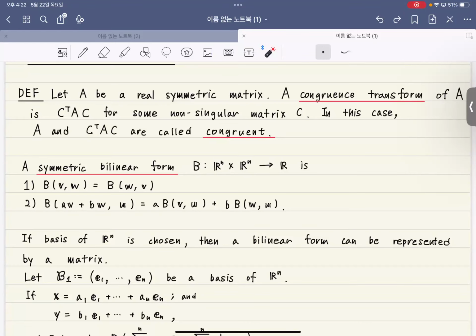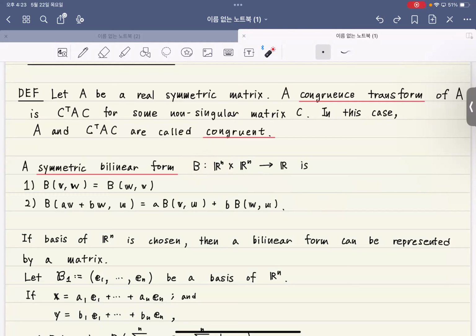A symmetric bilinear form can always be represented by some real and symmetric matrix. So this is the idea. If you choose a basis of the vector space R^n, then once you choose the basis, you can represent this symmetric bilinear form by some real and symmetric n by n matrix.